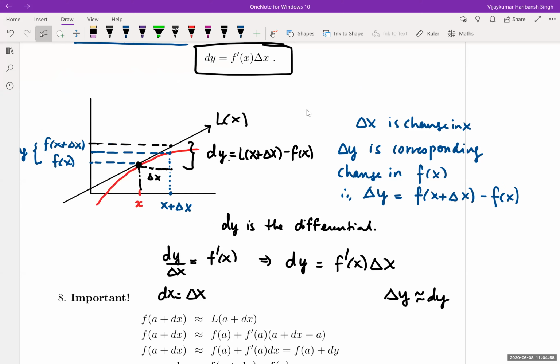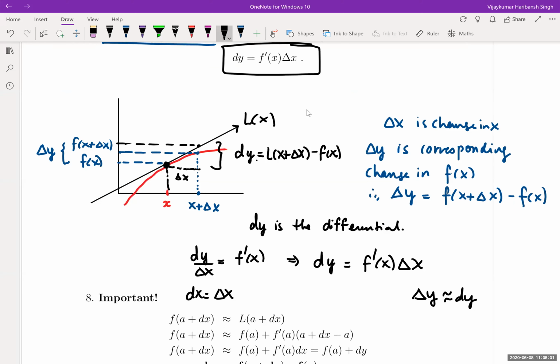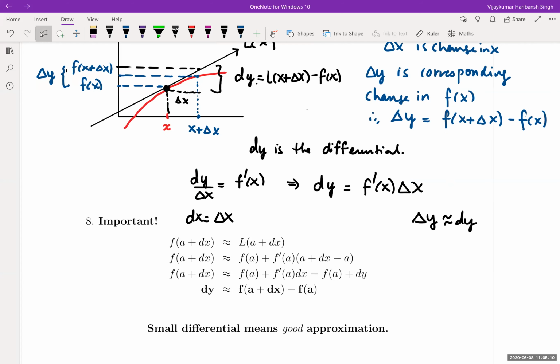Because delta y is here, this change in the function, and dy is the change in the y value of the tangent line. So let's see. If we have a plus delta x, that means at this point, x plus delta x or x plus dx, they are the same thing. Then this is f of a plus dx, and that is approximated by this value, because this is a linear approximation.